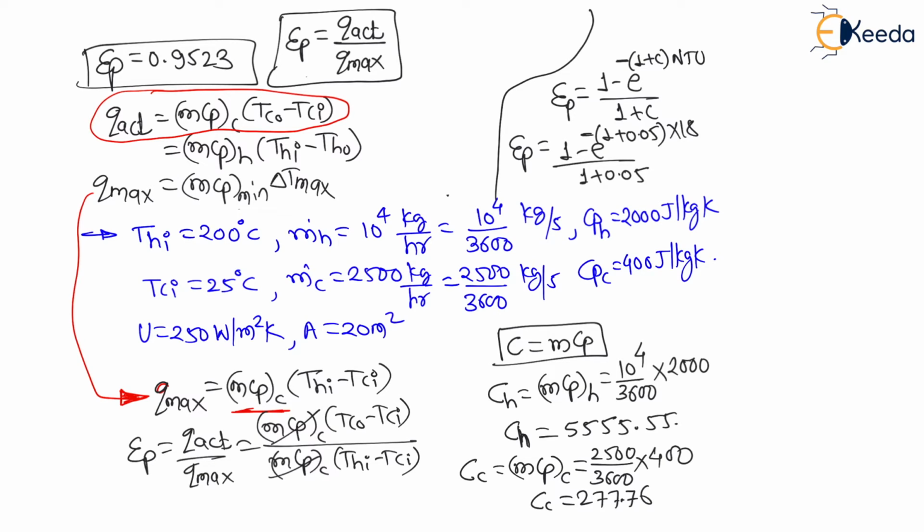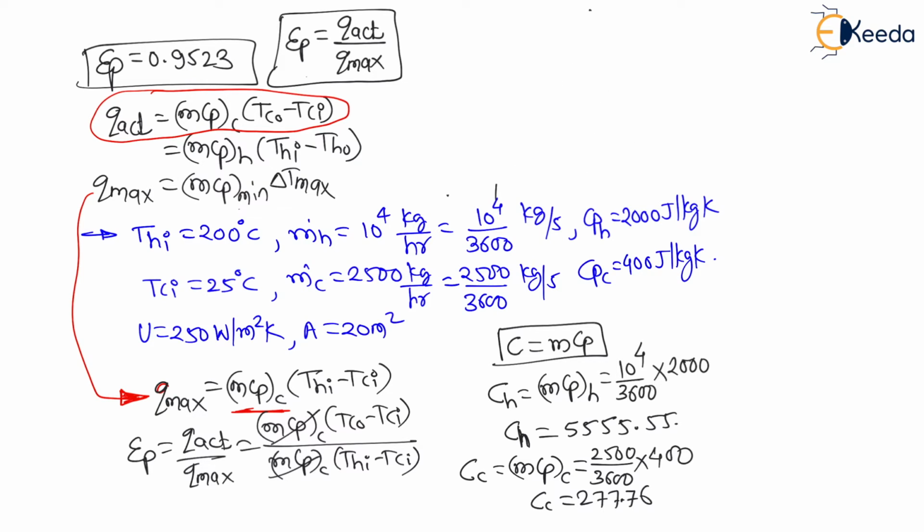The m Cp of cold gets cancelled. So the effectiveness is the temperature difference of the cold fluid divided by the maximum temperature difference. Therefore, 0.9523 is equal to TCO minus TCI divided by THI minus TCI.